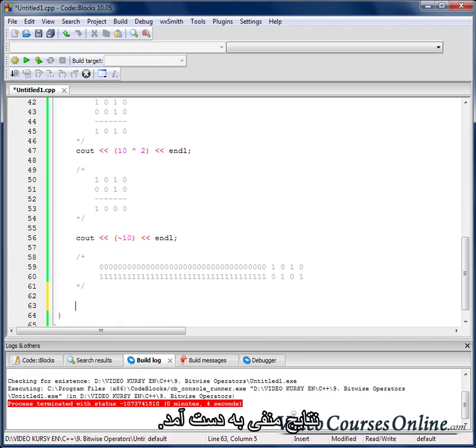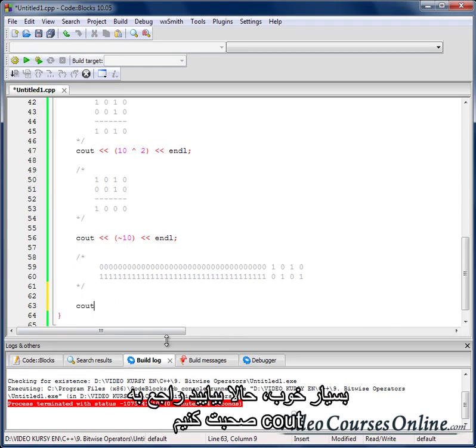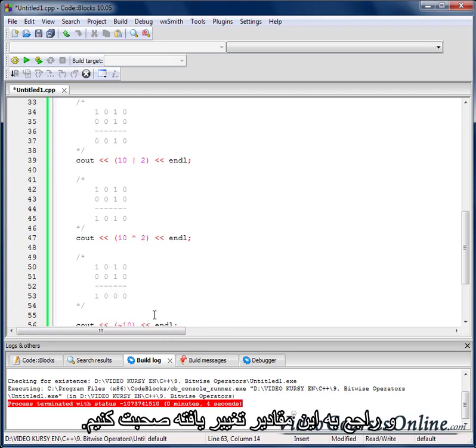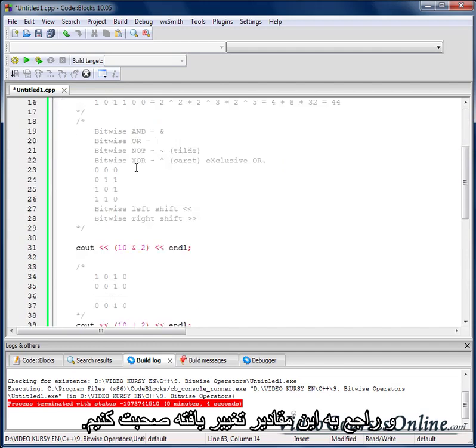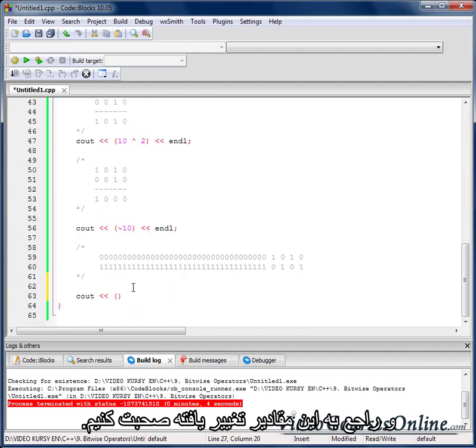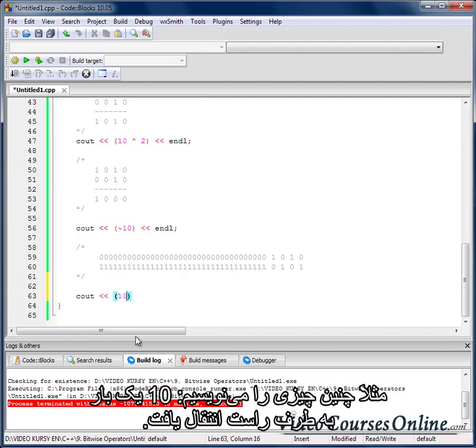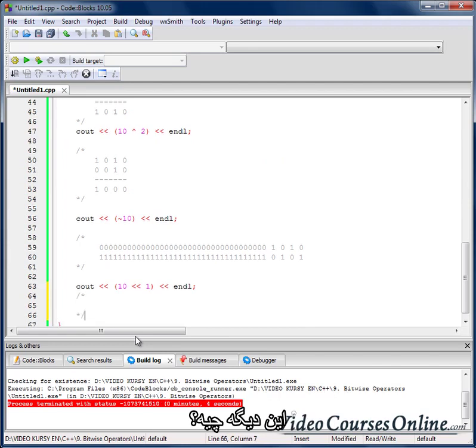Now you can see why we got the negative result. Okay, now let's talk about cout and those shifting operators. So, for example, I do something like that: 10 shifted one time to the left side. And what the hell is that?